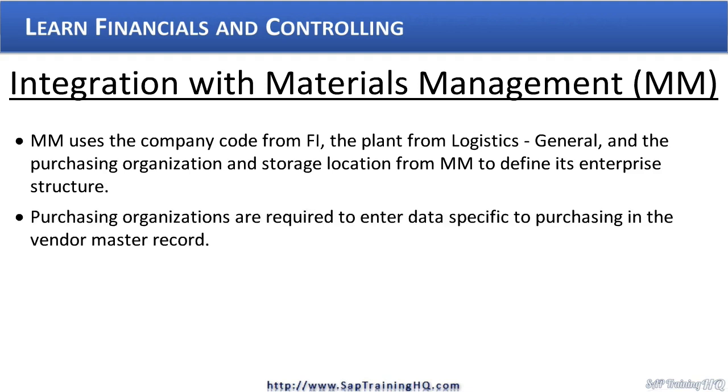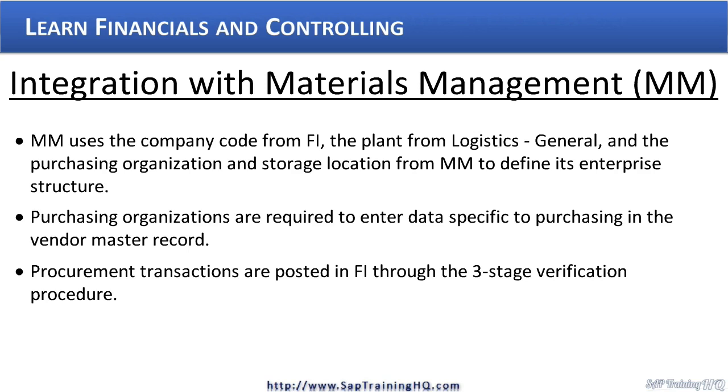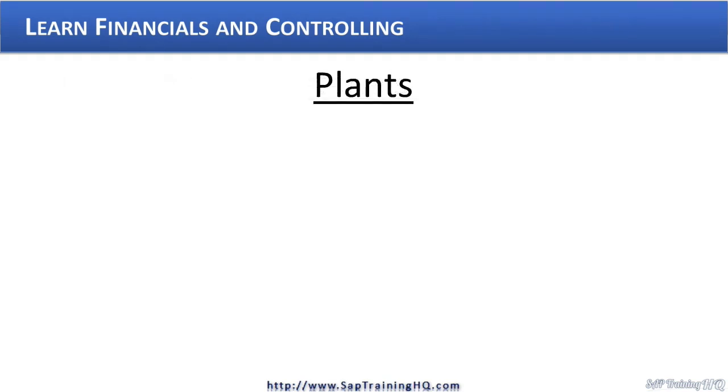Purchasing organizations are required to enter data specific to purchasing in the vendor master record. Procurement transactions are posted in financial accounting through the 3-stage verification procedure. You don't know what these are? Let's continue on and we will find out in detail.